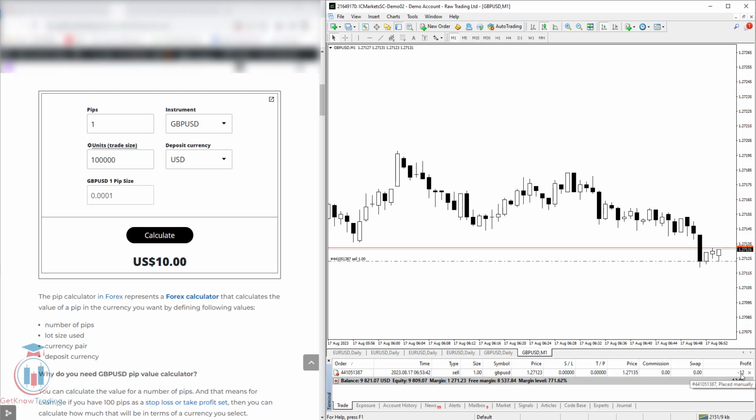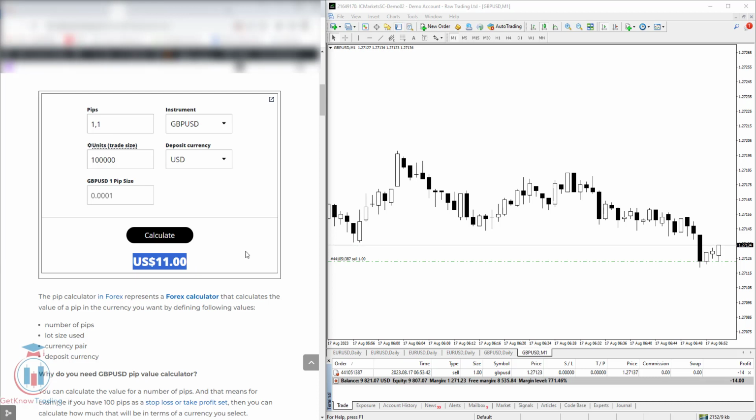So for example, if we put minus 1.1, you would get $11. Let's put 1.1, click calculate, you get $11. So you can see, you can use this Pip calculator to predict how much money you would make or lose on take profit or stop loss if you have number of pips.